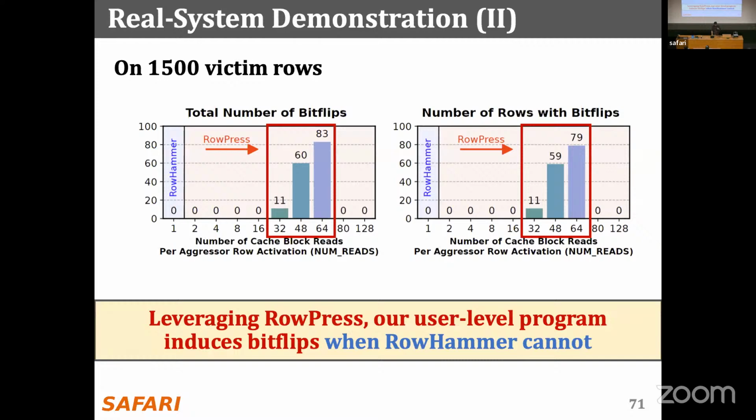So we conclude that by leveraging RowPress, we can induce Bitflips when RowHammer cannot. Note that if we access just one cache block per aggressor row, this program does the same as RowHammer, as the blue text marks here.